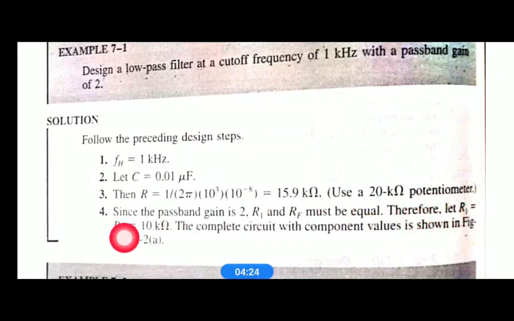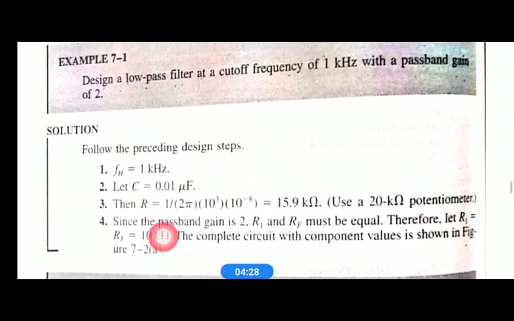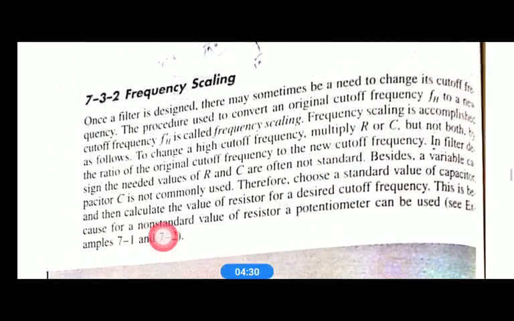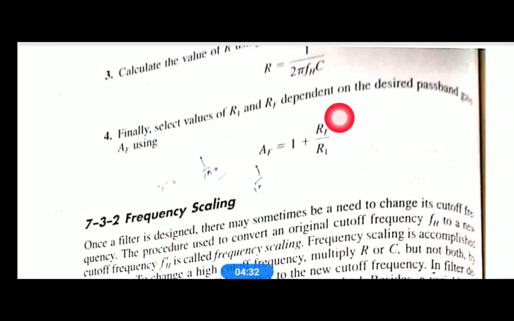Assume R1 and RF are both 10 kilo ohm. If both are equal, then using this formula it becomes 1 plus 1, which is 2.